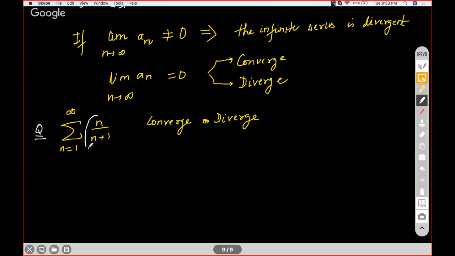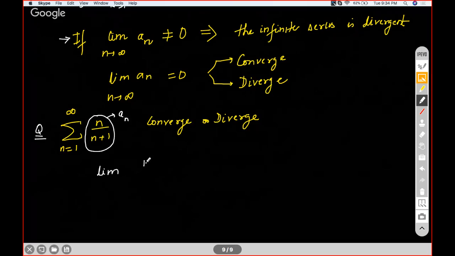This term is your an. I think it's divergent. Why? I'm not sure, I just have a feeling. Write it on your screen: limit an is not 0, so the infinite series is divergent.